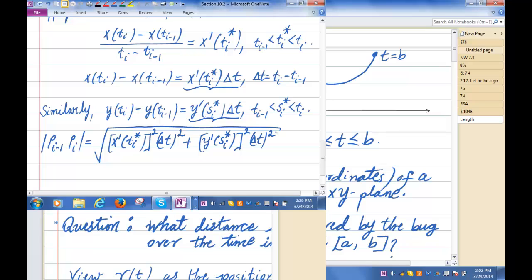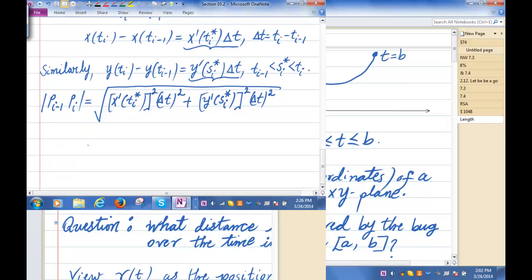Now what? Well, delta t squared is a common factor. I'm going to take it outside. So if I factor out delta t, and I also want to take it outside of the root, what are we going to obtain? Delta t outside of the root, right?